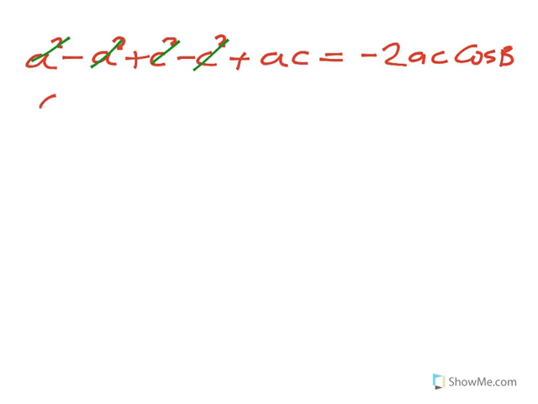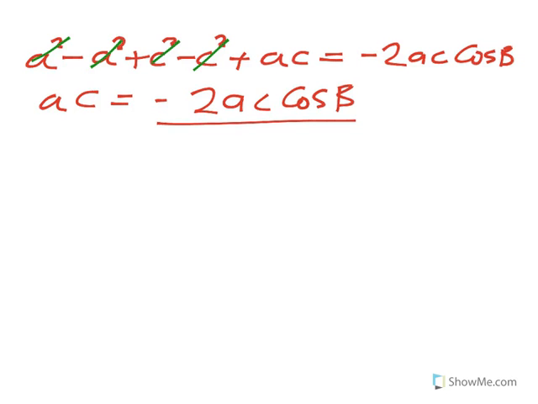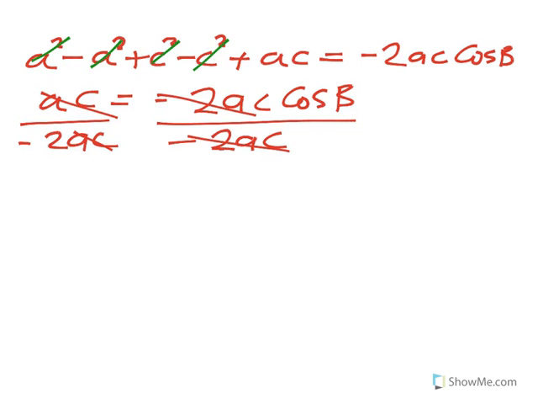So you are having ac is equal to minus 2ac cos B. Divide by minus 2ac on both sides.